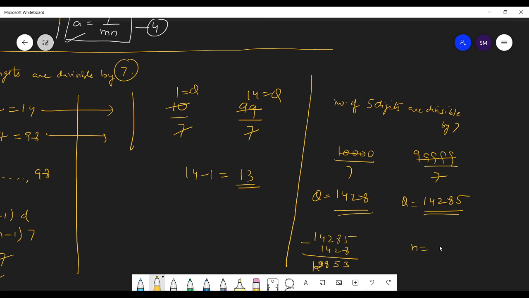So you get how many numbers? 1, 2, 8, 5, 3. 12,853 numbers are the 5 digit numbers which are divisible by 7.